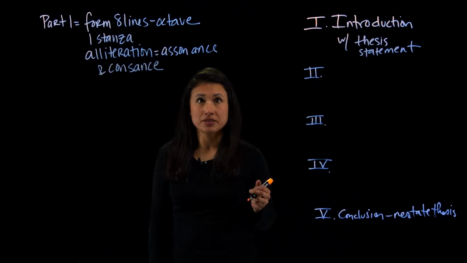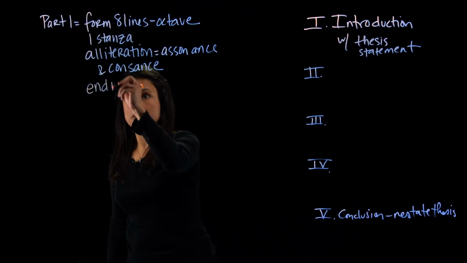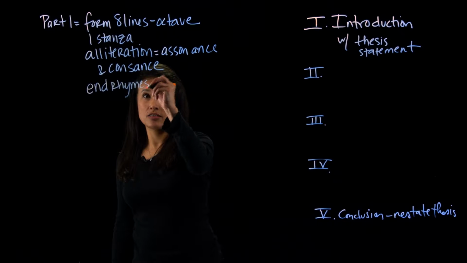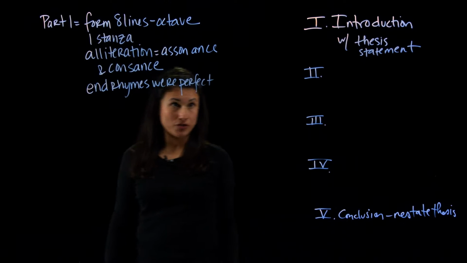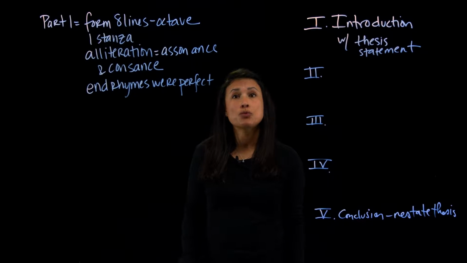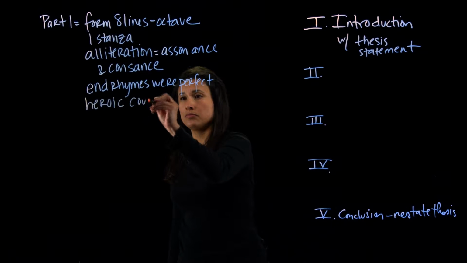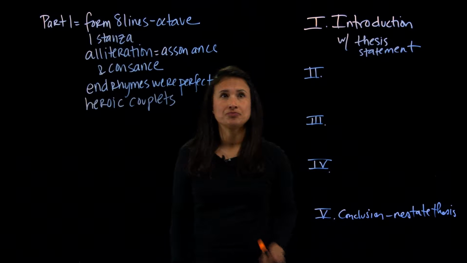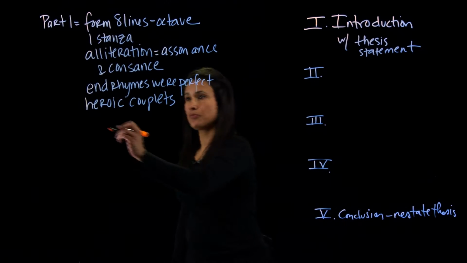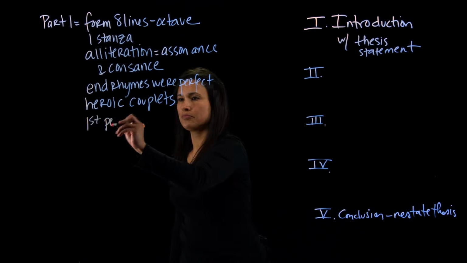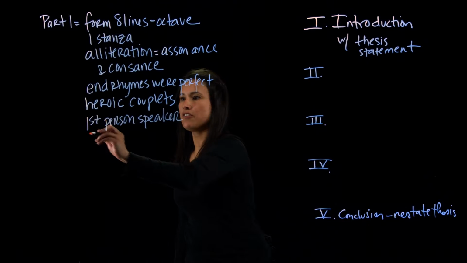What else did we find? We found a rhyme pattern. We found that the end rhymes were perfect. And by perfect, you'll remember I mean perfect rhymes. And they were heroic couplets. We also found the speaker is a first person. And we identified repetition.